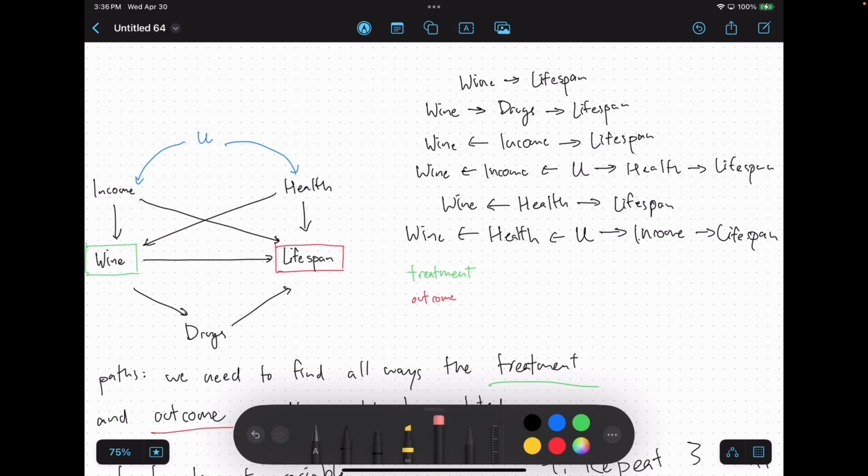I can make inferences about certain types of relationships and correlations, but causal relationships are only going in one direction, okay? Okay, any questions about this?